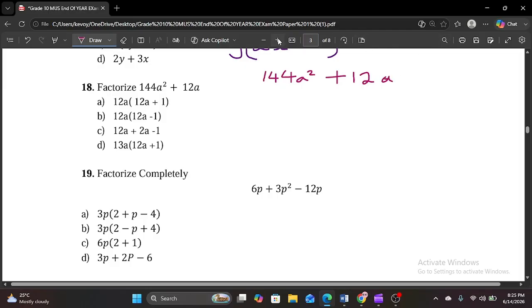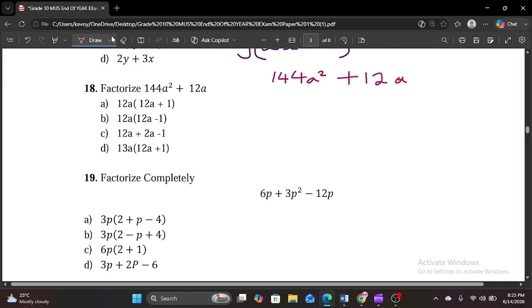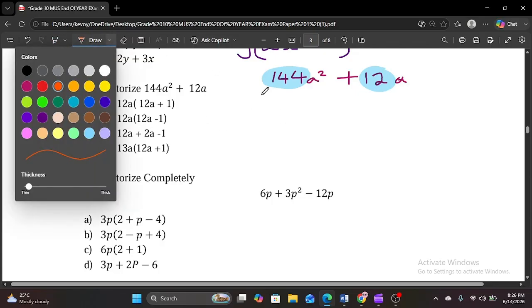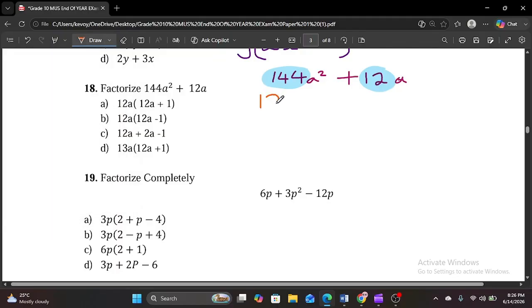All right, so if I look at my numbers alone, I have 144 and 12. The highest common factor, or the highest number that can divide both 144 and 12 without leaving a remainder, is going to be 12.